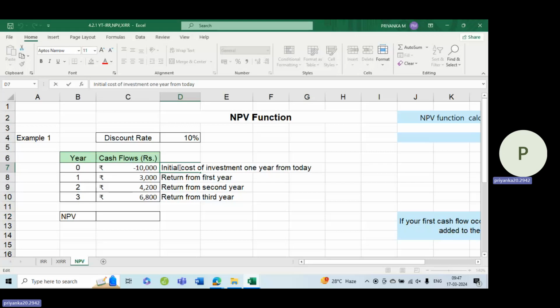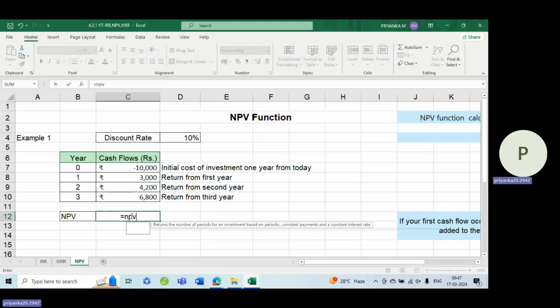So they are saying that the initial cost of investment is 1 year from today. Now if the problem is like that, the formula is very simple. You can use equal to NPV of, the first thing here is the rate, comma, my values.